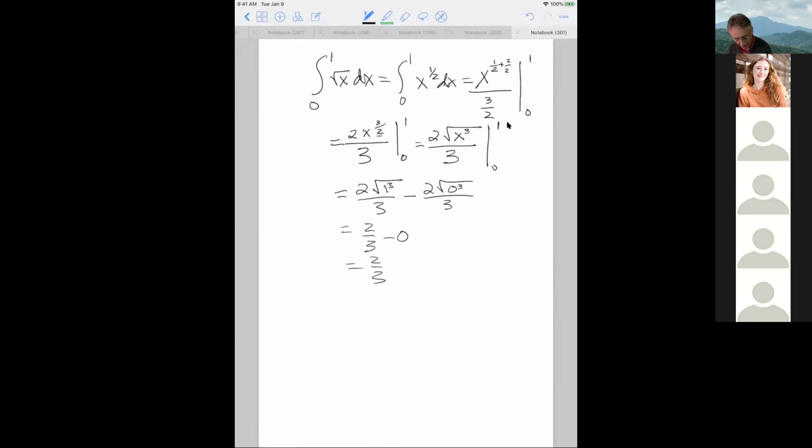You could put x to the 1/2 if you wanted to, but that's fine if you know it's right. That's the square root of x. And then what is the variable of concern? X. Going from 0 to 1. Close parenthesis.